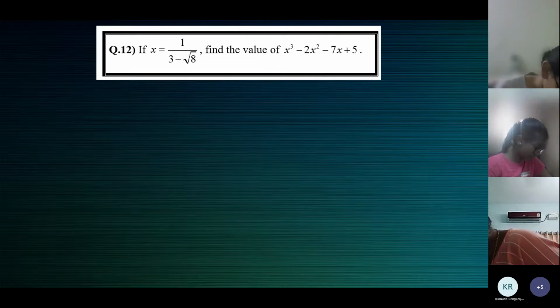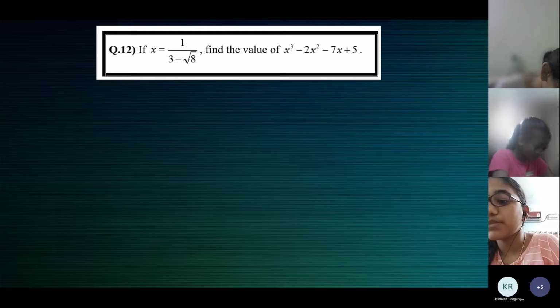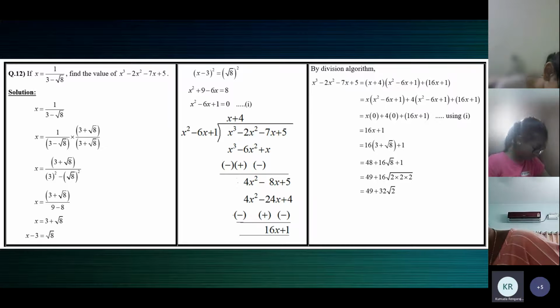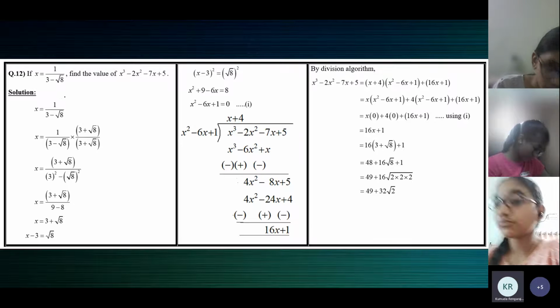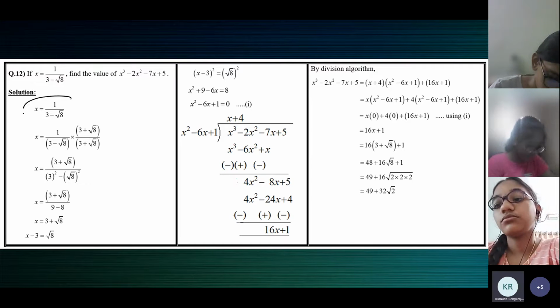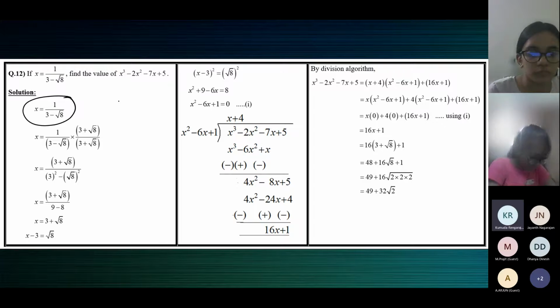Done, children? Yes, ma'am. So the procedure is like this. X is given to be 1 by 3 minus root 8. Don't read the slide ahead. Please follow me. Clearly the denominator is irrational.